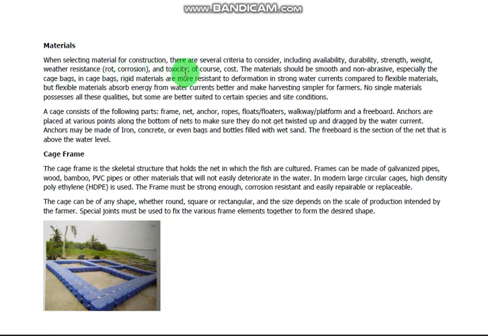What is the toxicity? Because there are some netting materials that you can use that will be toxic to your fish. Of course, you have to check the costs of the materials you're going to be getting.